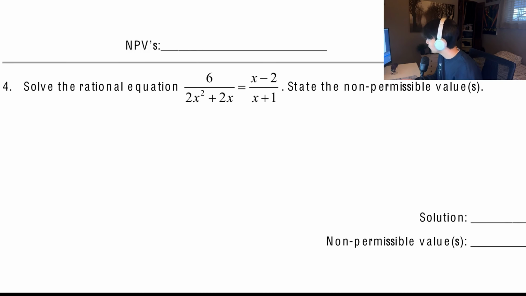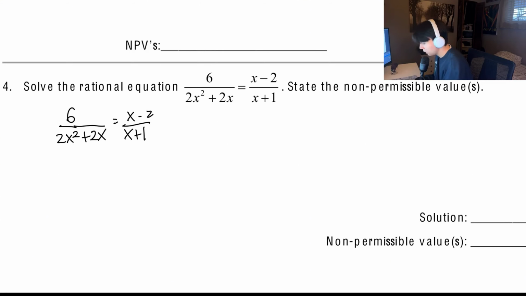We're now going to be solving a rational equation. 6 over 2x squared plus 2x is equal to (x - 2) over (x + 1). Okay, so the first step here is we want to find our lowest common denominator. Okay, cool.